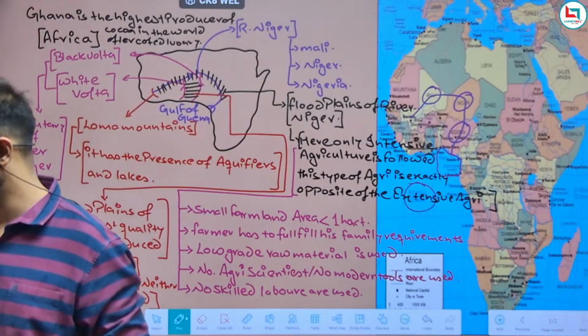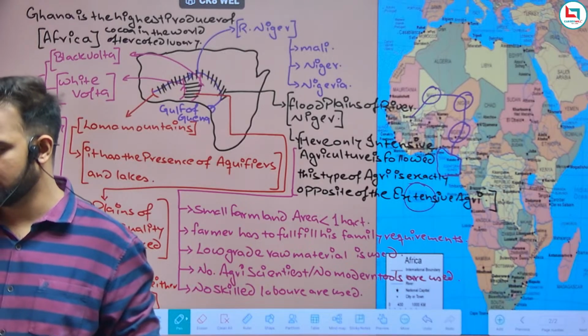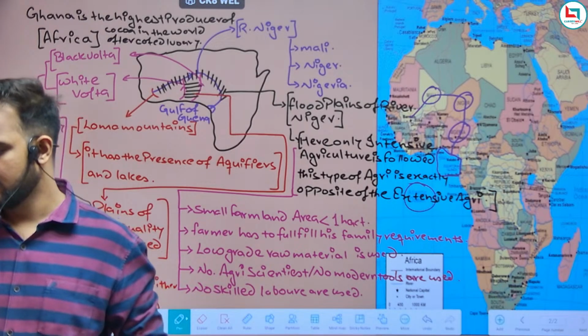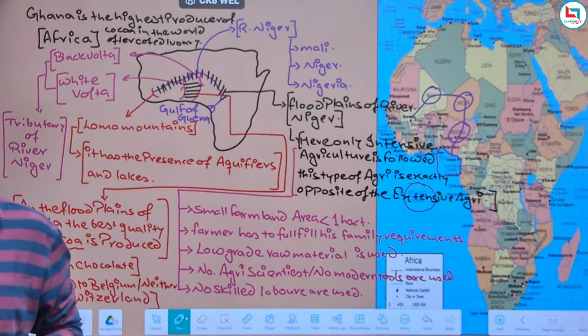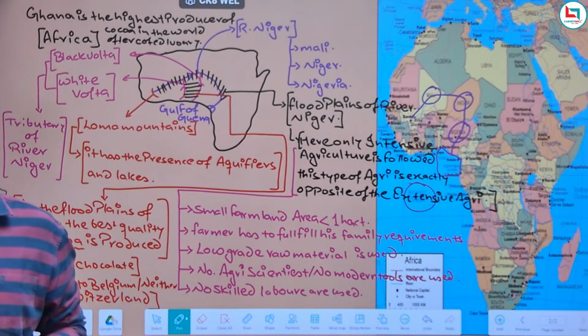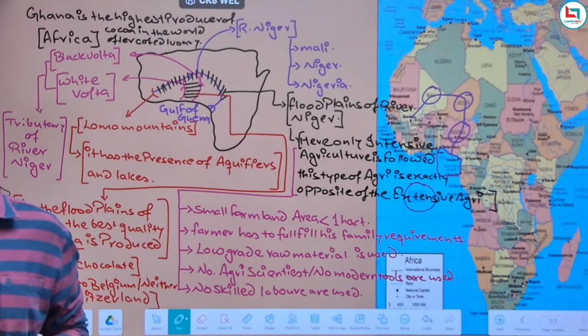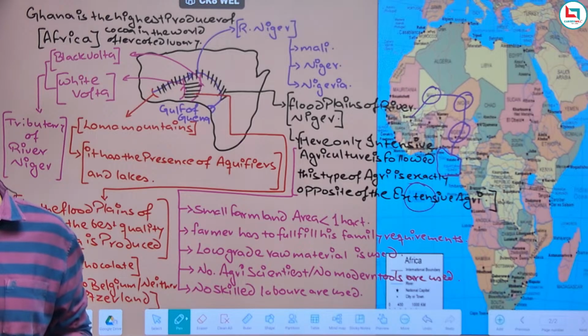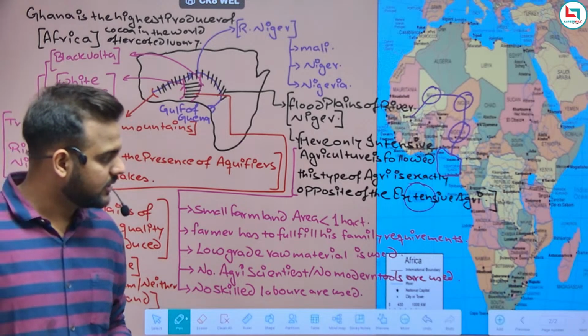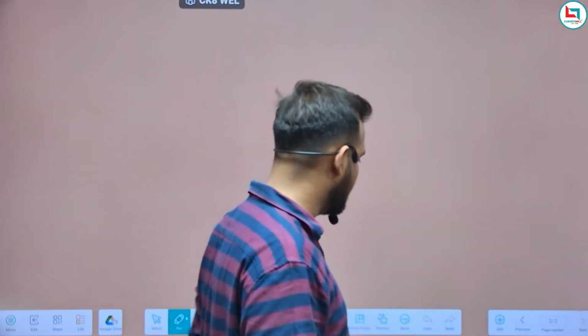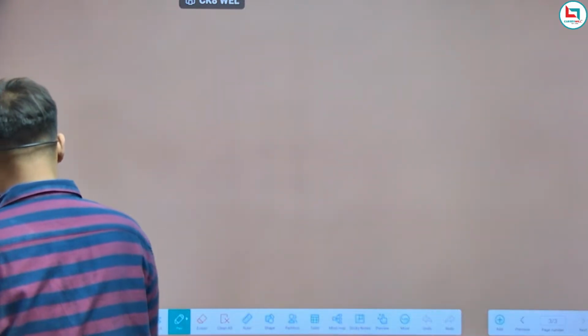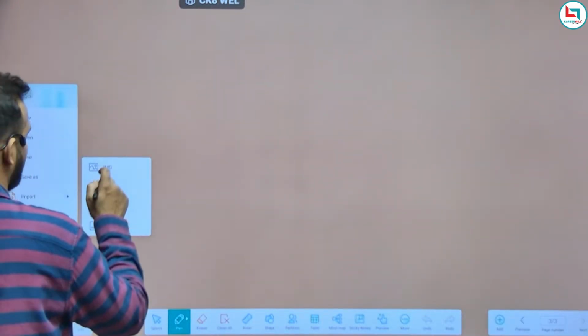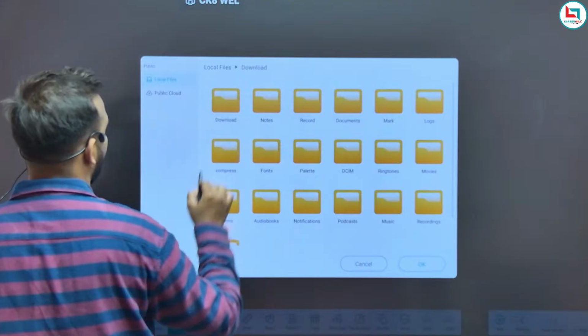Now let's move towards the next continent, and that is Australia. So everyone, do let me know whether we are good about these things or not. Okay, after this let's move towards Australia and talk about Australia. Okay, let me insert the map of Australia.